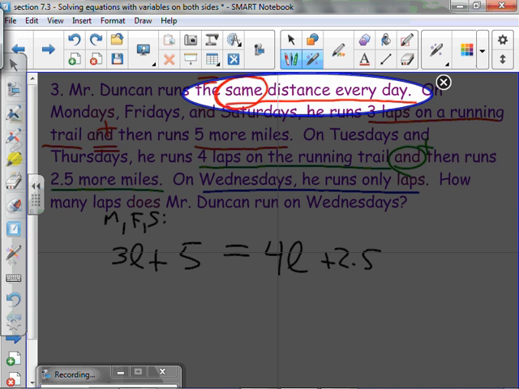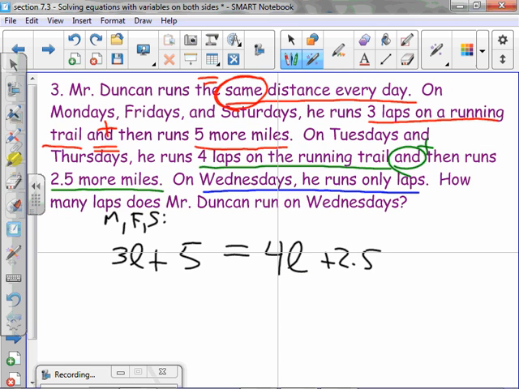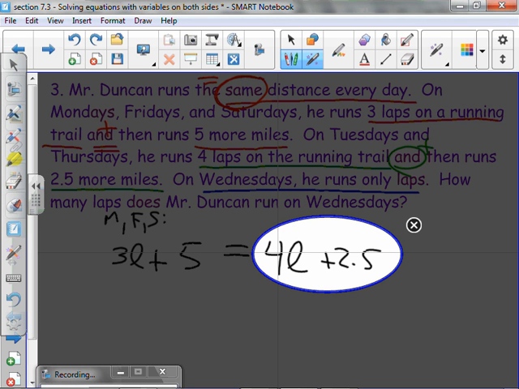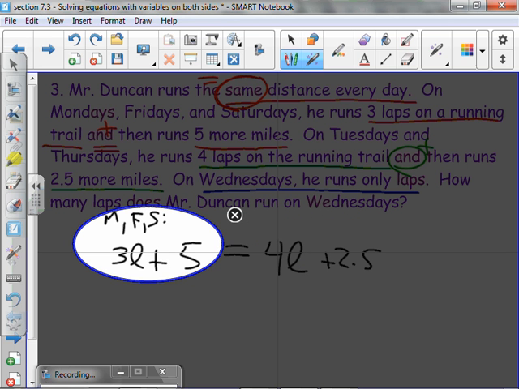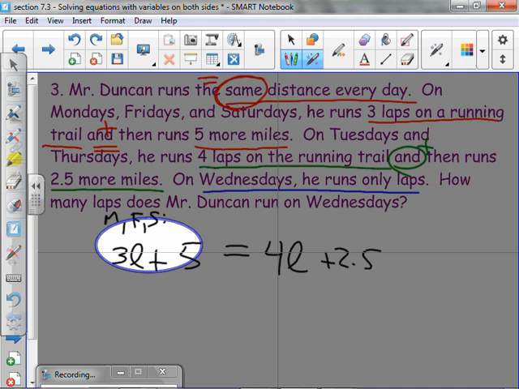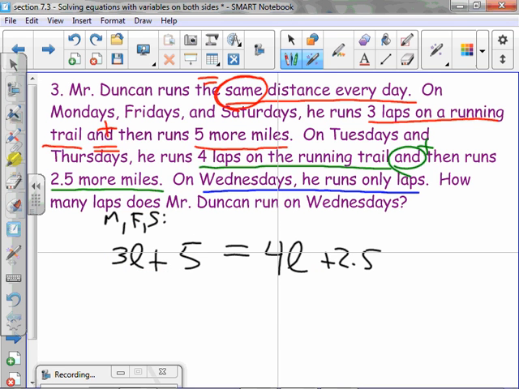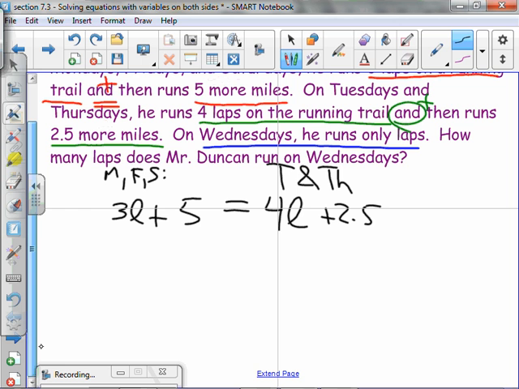The same distance every day, which means one expression here, from Tuesdays and Thursdays, has to be the same as Mondays, Fridays, and Saturdays, which is 3 laps plus 5 more miles. So let me just label this real quick. Tuesdays and Thursdays, I run 4L plus 2.5. Mondays, Fridays, Saturdays, 3L plus 5.